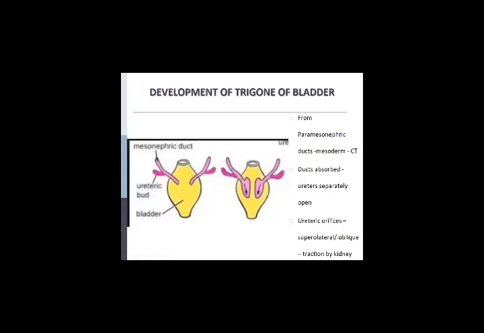Now, the kidney ascends, and it pulls on the ureter, having a traction effect on the ureter. As a result, the orifice of the ureter becomes supralateral, and the opening is oblique.